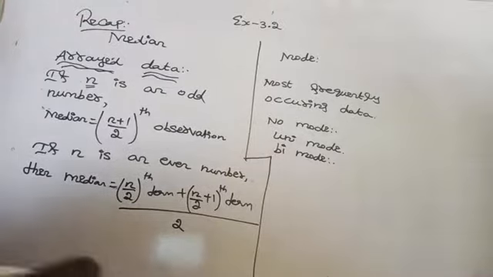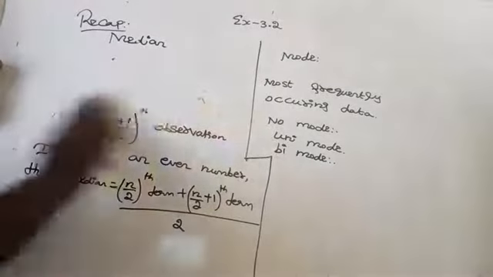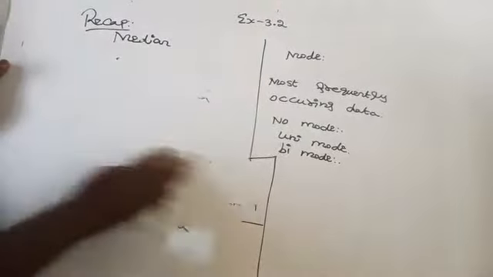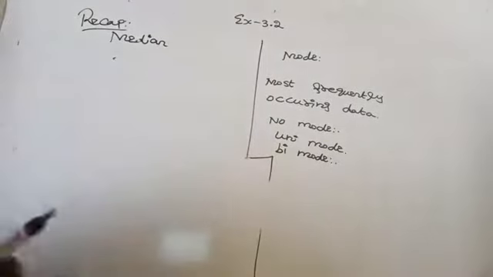Exercise 3.2. First question: find the median and mode. The scores in a mathematics test out of 25 of 15 students are as follows.